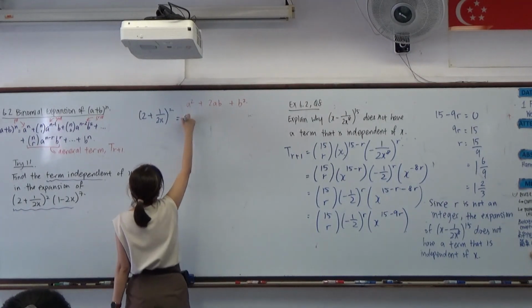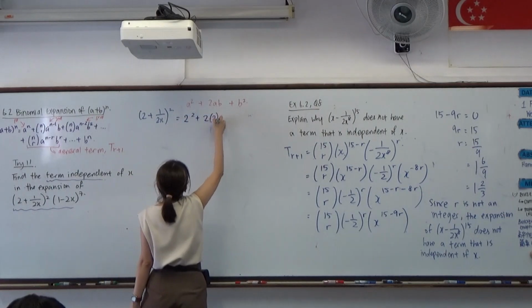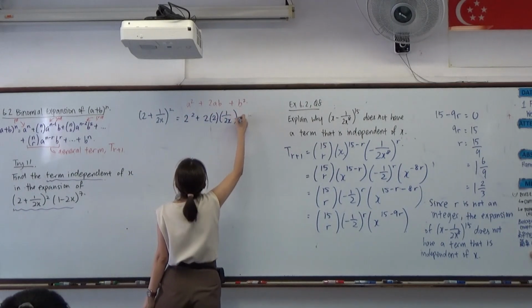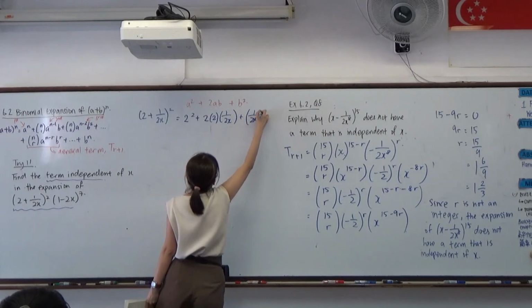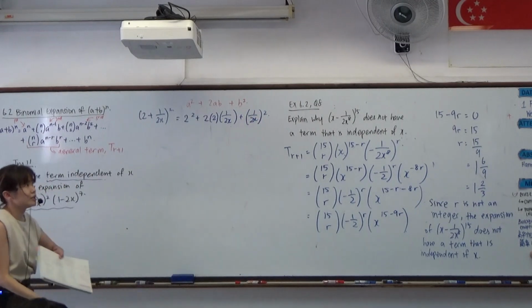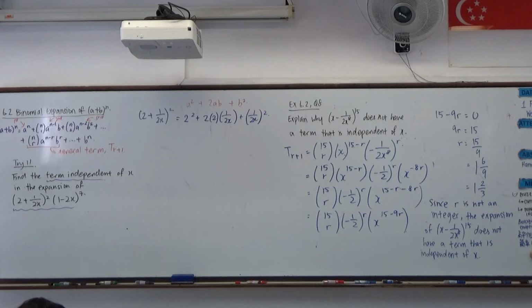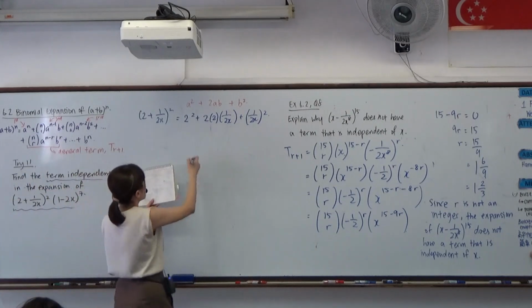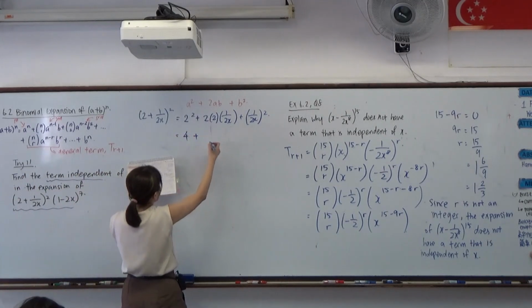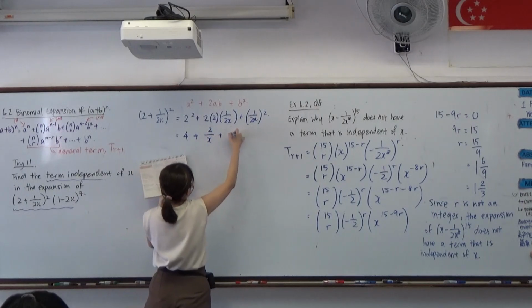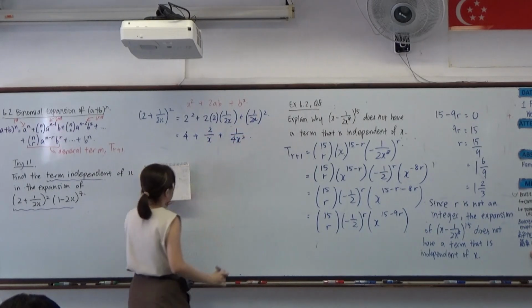So that is 2 square plus 2 times 2 times 1 over 2x plus 1 over 2x squared. Don't make your life so difficult. Simplify to 4 plus 2 over x plus 1 over 4x squared.